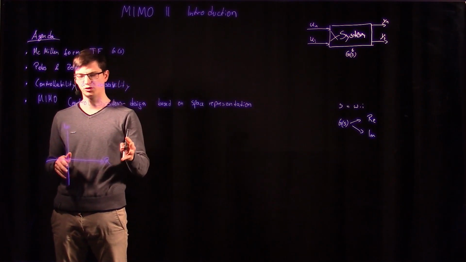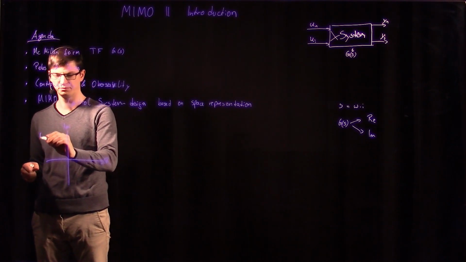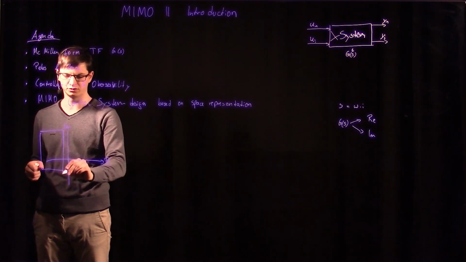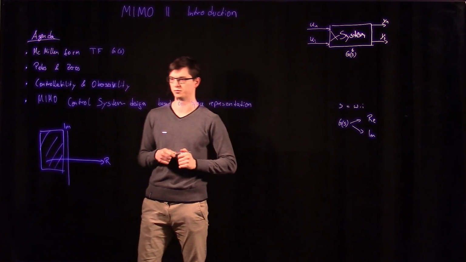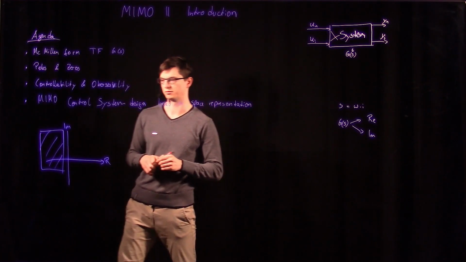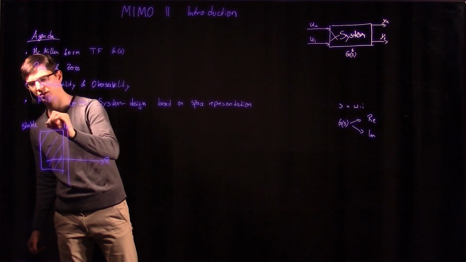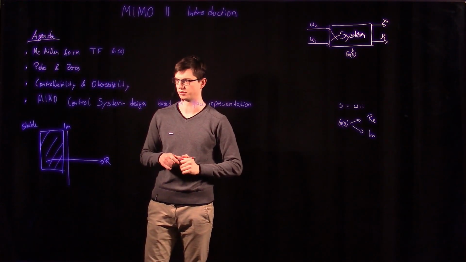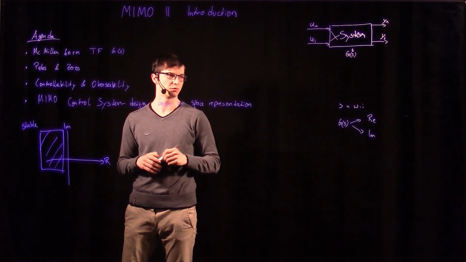and when our poles lie on the left side of this diagram, then our system is stable. Then we can call our system stable. And yeah, that's what is meant by poles.